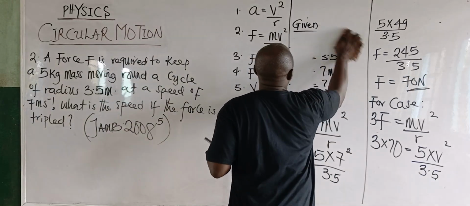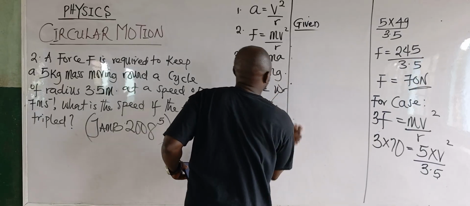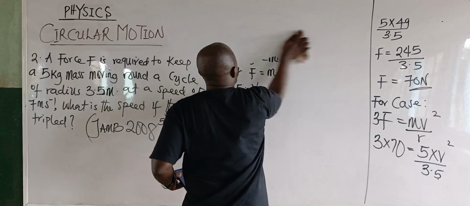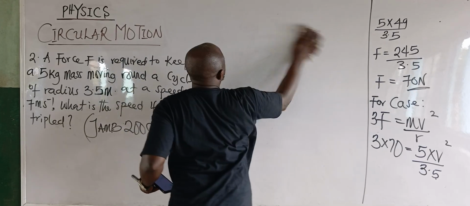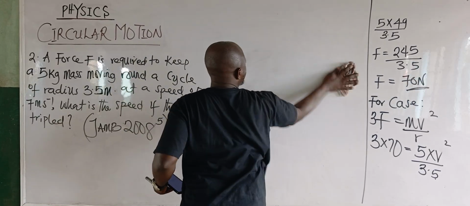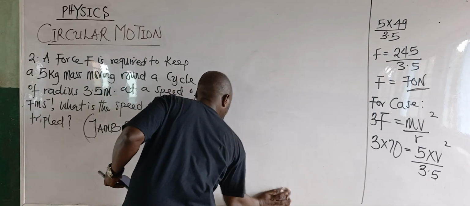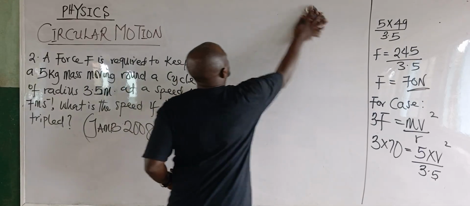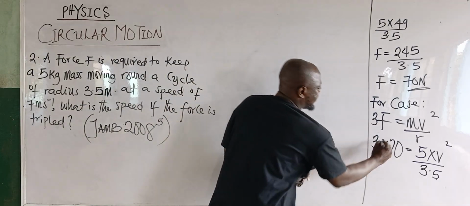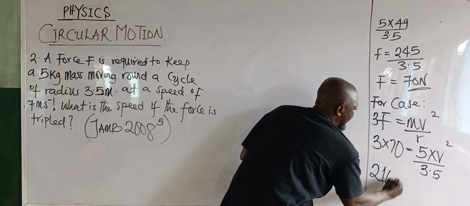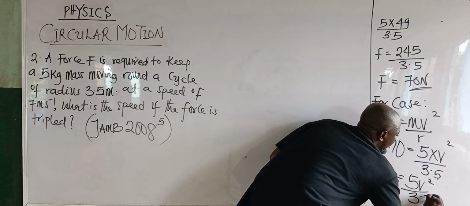Next up, if you multiply this, I'll have 210 here, and then here becomes 5v squared over 3.5.